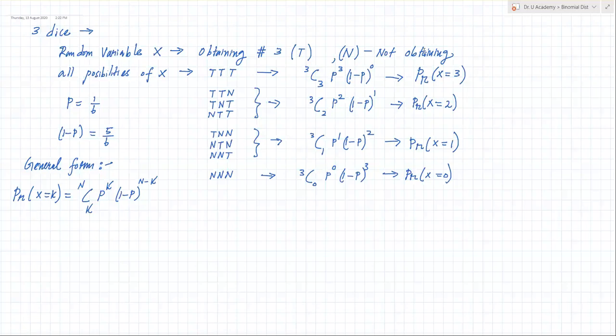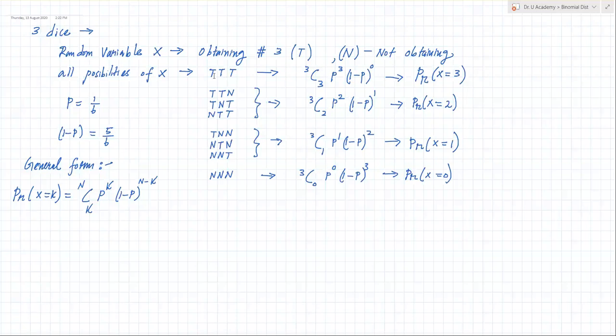Now, we are lucky that in the first rolling, if you get TTT, that means all three get 333, right? It's a rare chance, I know, practically, but there is one chance out of all the chances.